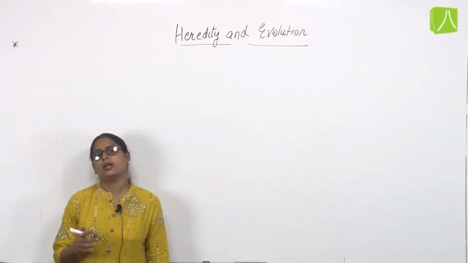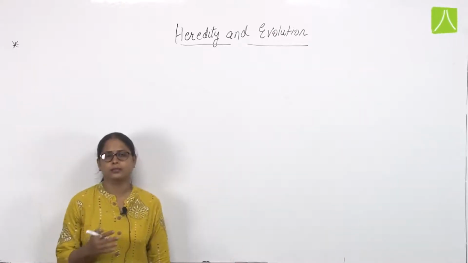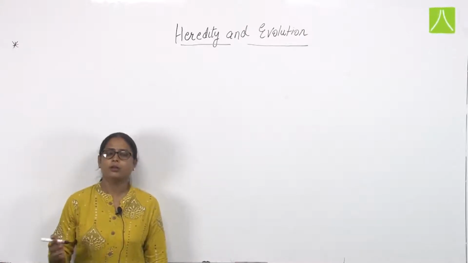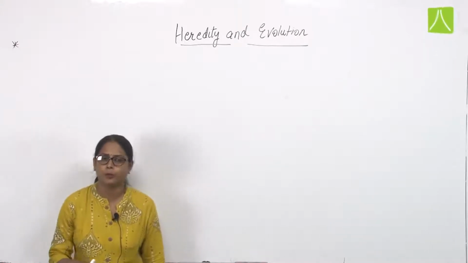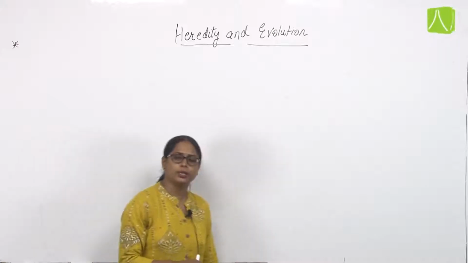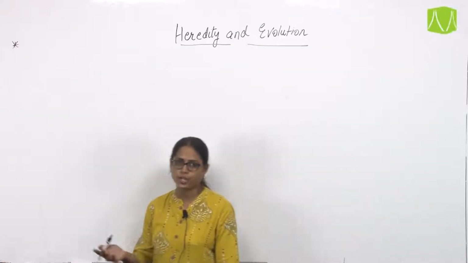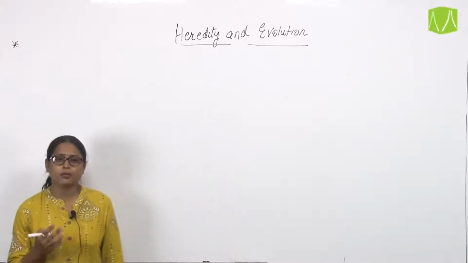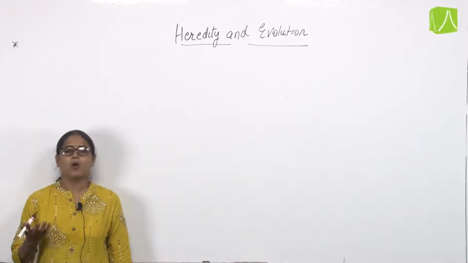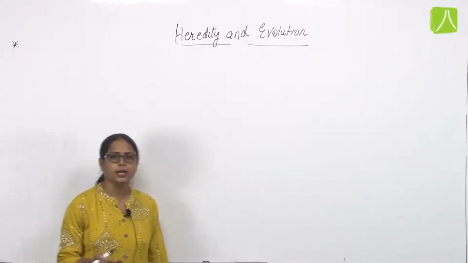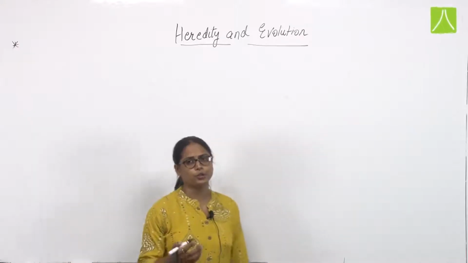For example, a particular organism or member of a population in a species is showing dissimilarity with another member. This is known as variation. Then the question arises why these variations come or how they transfer from generation to generation.